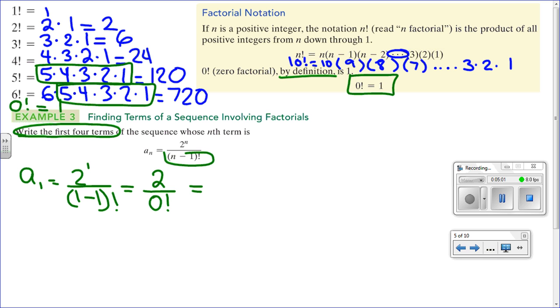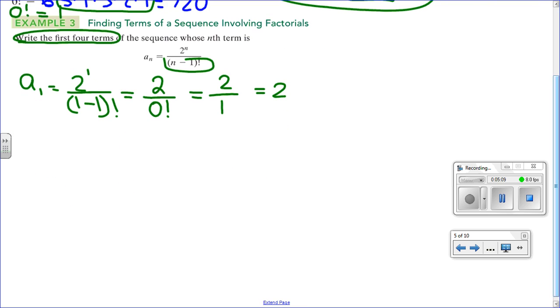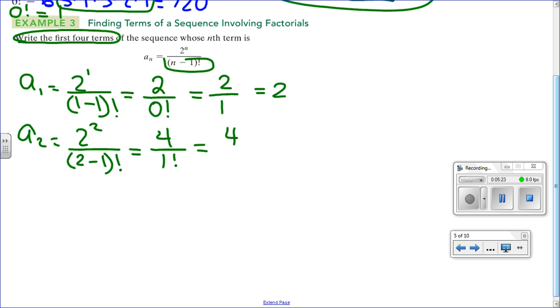Don't think it's undefined, right? It's actually 1, by definition. So that is 2. Let's find the next term. a sub 2 is 2 to the second power, and here we have 2 minus 1 factorial, which equals 4 over 1 factorial. So that would be 4 over 1, which is 4.